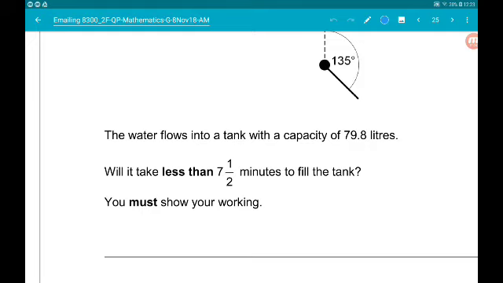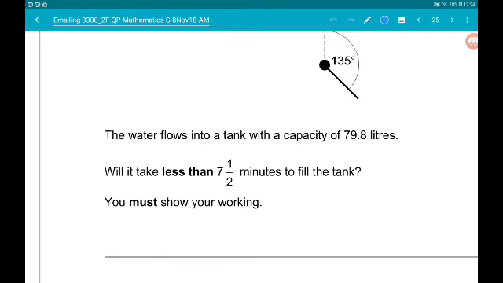Okay, so as I said, this has caused problems with pretty much everyone that I've done this with, but as soon as I've said to them, how fast would water flow out of the tap if it was open at 90 degrees? Everyone has been able to answer me 7 litres a minute. Now that's because 90 is half of 180. So the water flows out at half the rate.